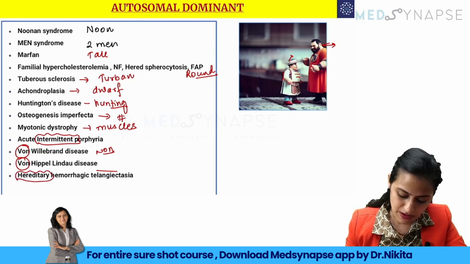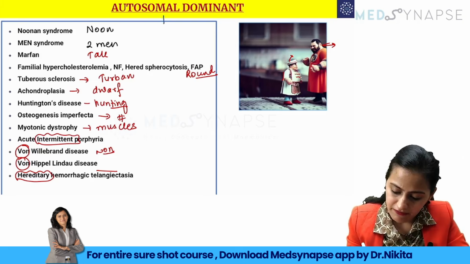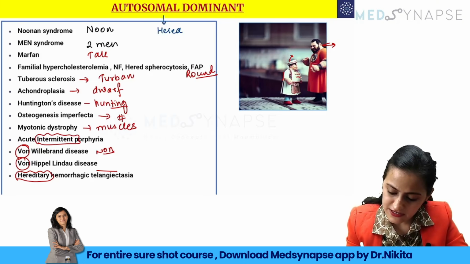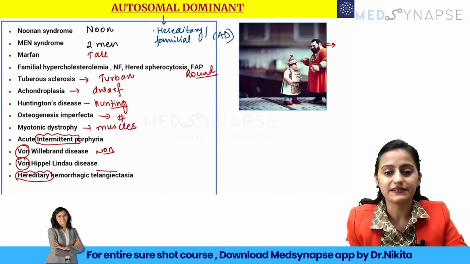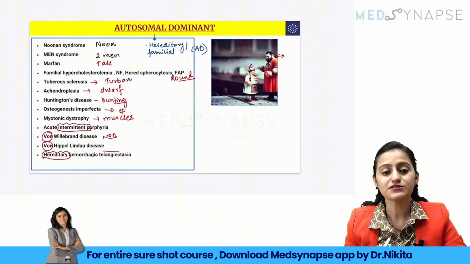So one trick to remember for autosomal dominant is, first, remember that the majority of the diseases where you have the term hereditary or the term familial are autosomal dominant. That means it is going from one generation to the other without a skip. There is no skip there.